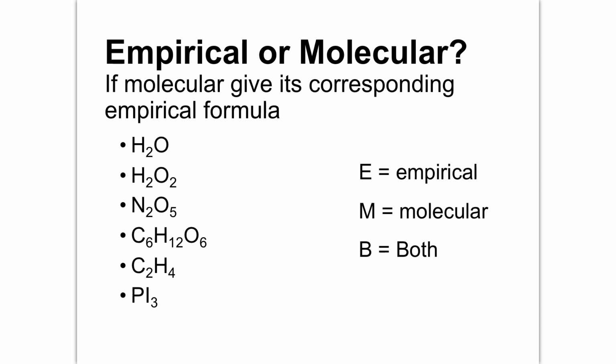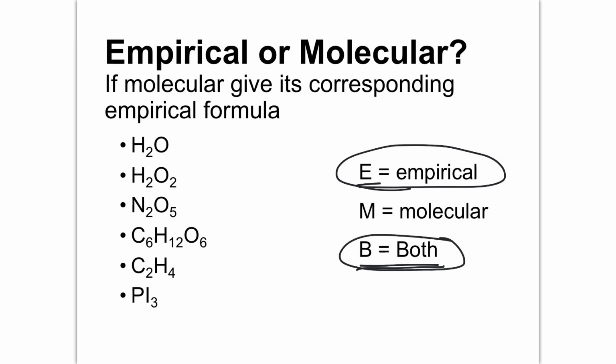Now, if you think it's both, you're going to write not only E, you're also going to write B, because I want to know if you know it's an empirical formula, and also a molecular formula. So if you think it's both, write E and B. If you just think it's a molecular formula, you're just going to write M. If you just think it's an empirical formula, you're just going to write E. So the only one you're going to write 2 letters for is if you think it's both. So stop the video now.